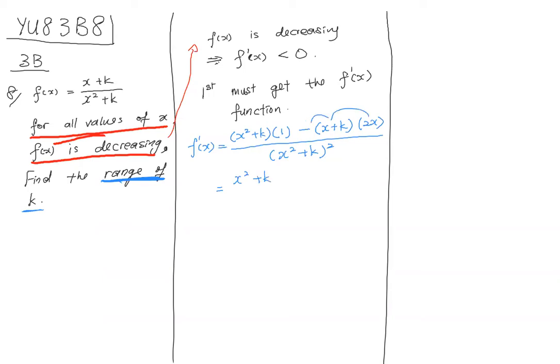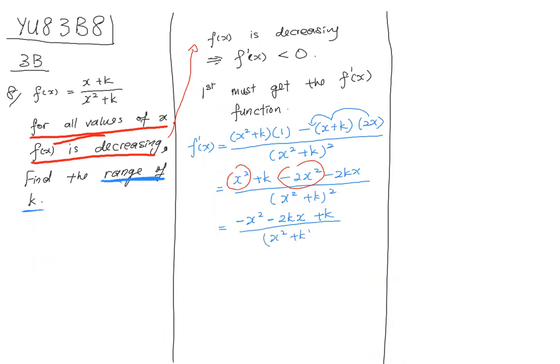Be careful, expand. Okay, so I got this. Negative x squared, you get from here, minus 2kx plus k, over x squared plus k squared.